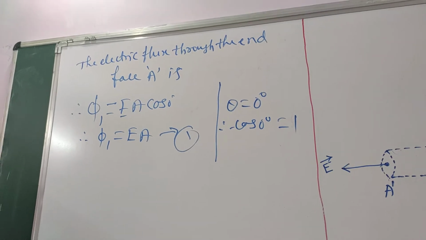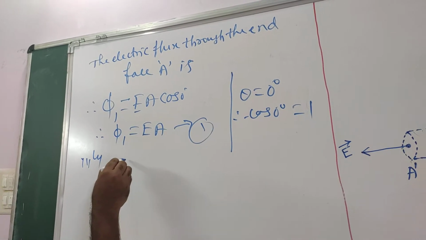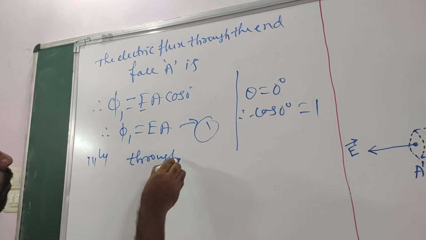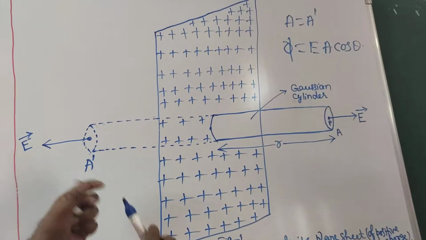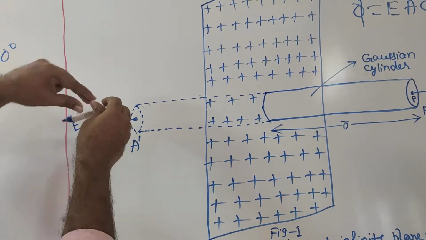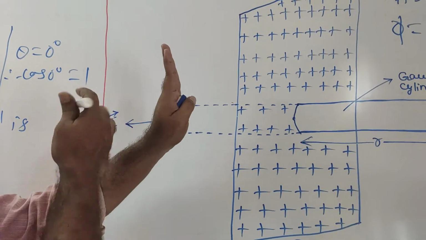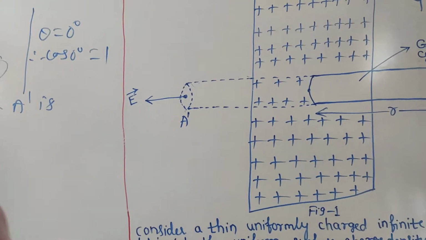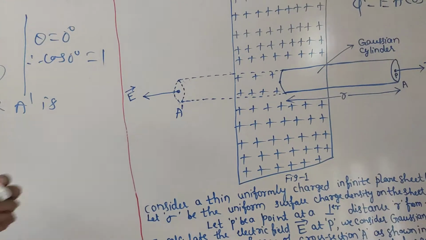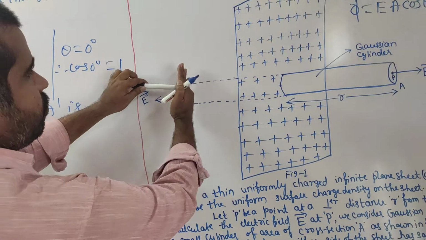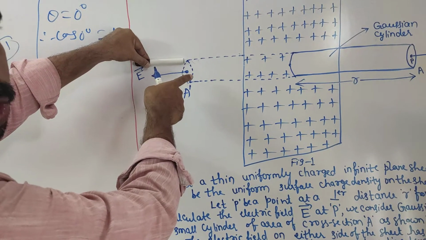Now similarly, how much is the electric flux through the end face A dash? Here is A dash. This is the direction of electric field and the normal drawn to it, like this. How are the normal drawn to A dash and E?